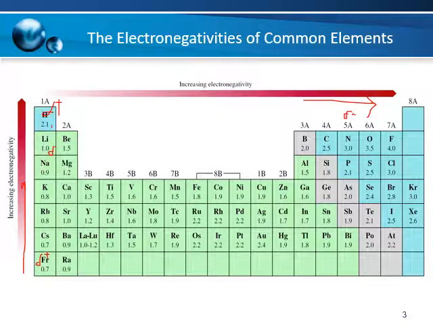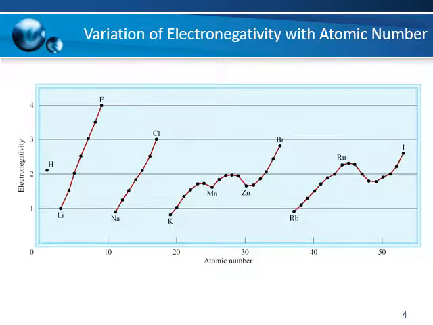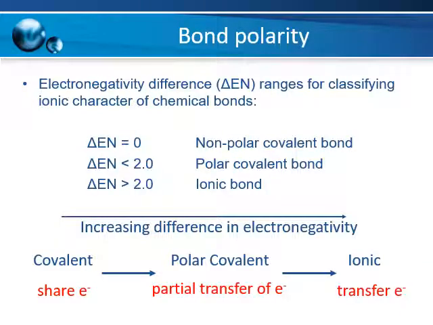So these are the trends, where you can look at how electronegativity increases according to atomic activity. Based on the electronegativity difference, we can classify the ionic character of their chemical bond. Let's say when we have no difference in electronegativity, which is 0, that is known as a non-polar covalent bond.